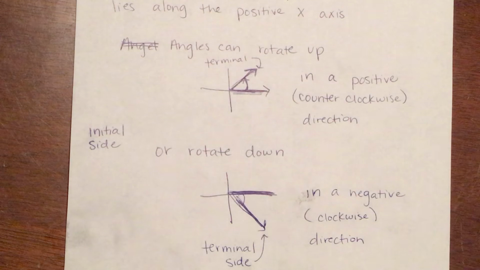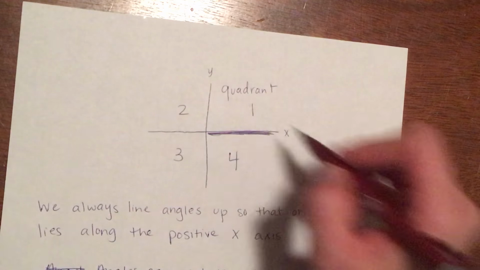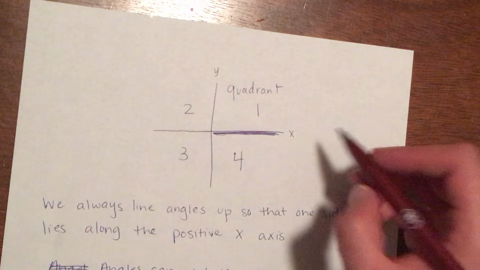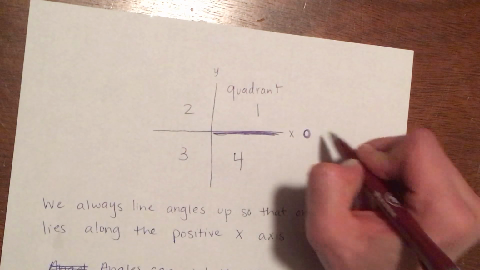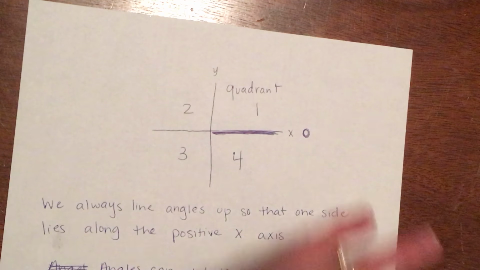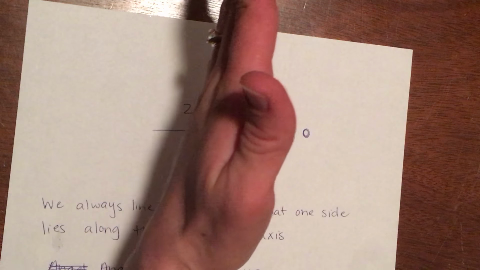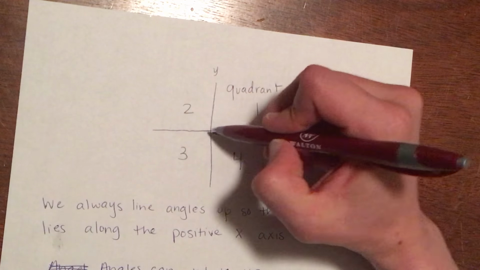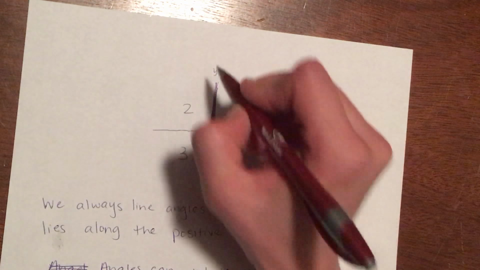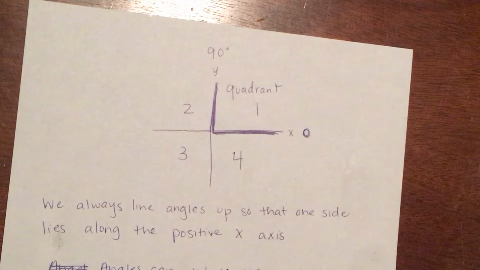Okay, perfect. And one last thing before I show you examples of what we would do in class. Let's go back to this graph. If I started here and didn't open up at all, that'd be 0 degrees. If I'm opening directly straight up here, that's 90 degrees.